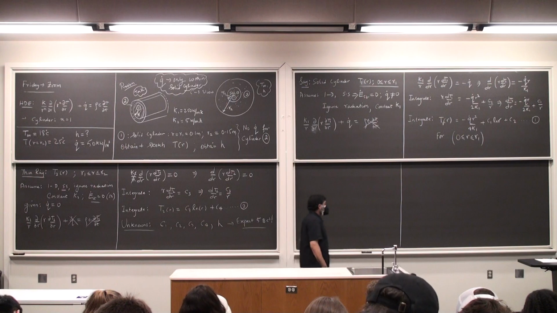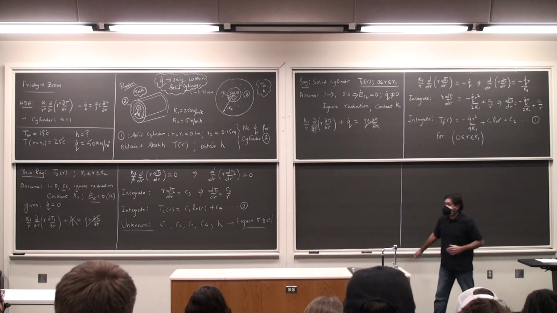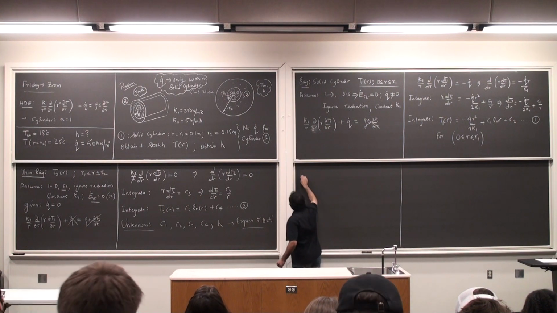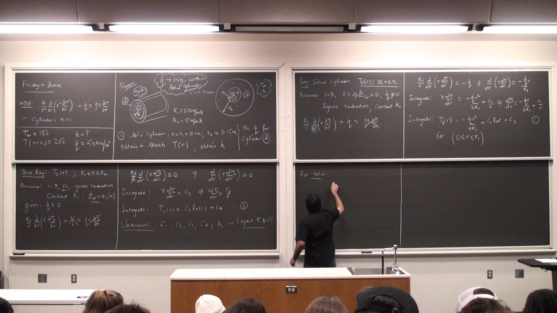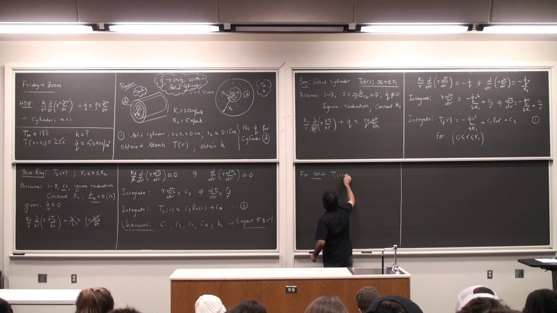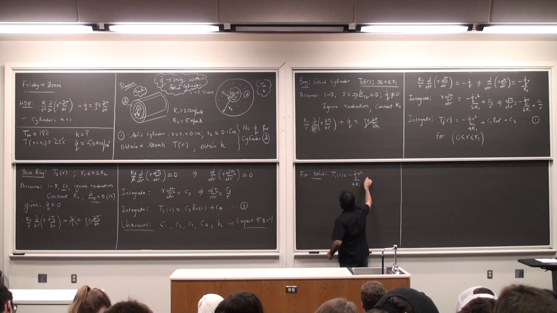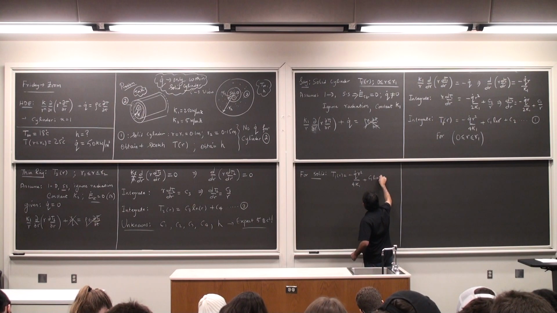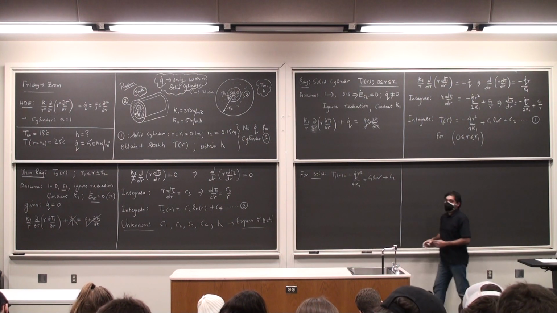Alright, so we start off with a solid cylinder. We discussed this last time. For a solid cylinder, T1 minus Q dot, C1 logarithm R plus C2.